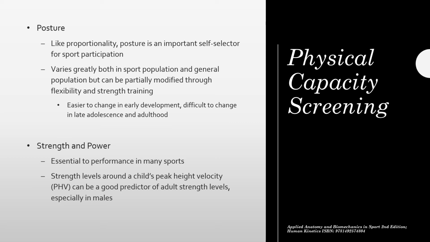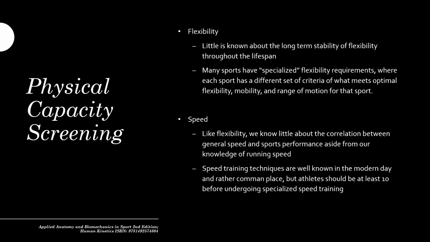Next is going to be strength and power. This is going to be essential to performance in many sports. We know that the strength levels around a child's peak height velocity can predict adult strength levels, especially in males. So we can kind of get some predictions from youth into adulthood here. Next, we want to look at flexibility.